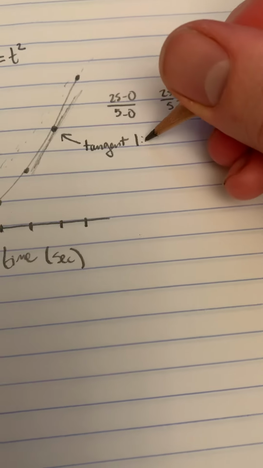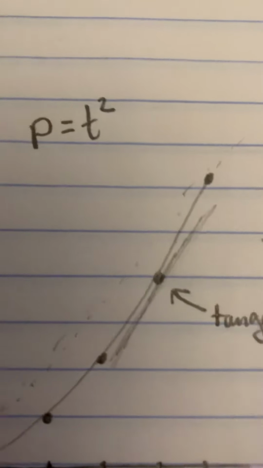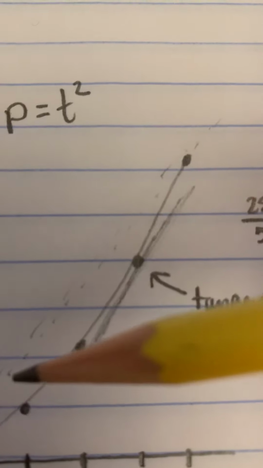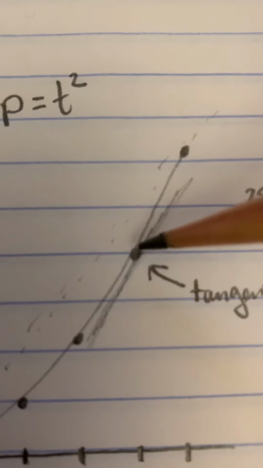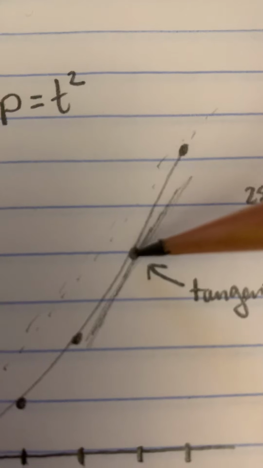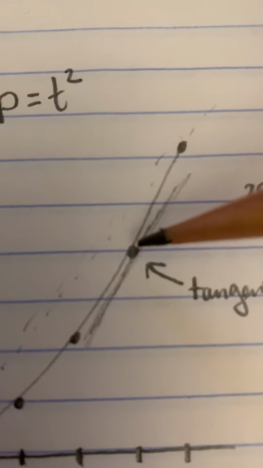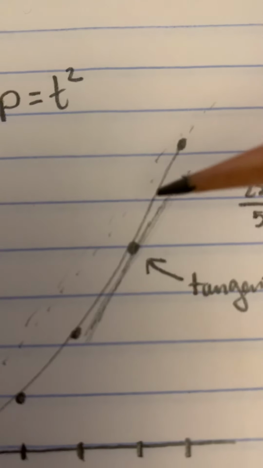The tangent line is a line that is parallel to a curve at specifically one spot. I have a parabola that's coming up this way, and then I have a tangent line which for one instant of time is perfectly parallel to this curve.